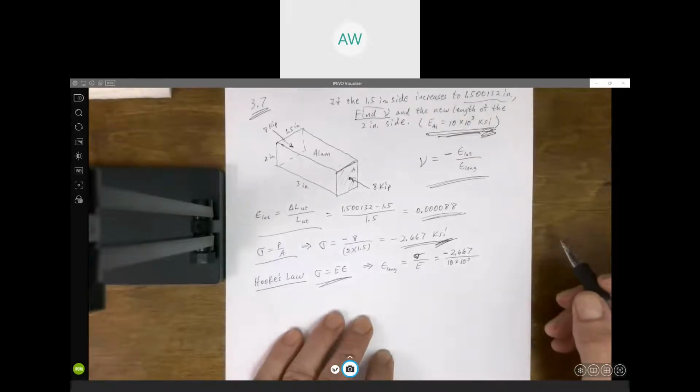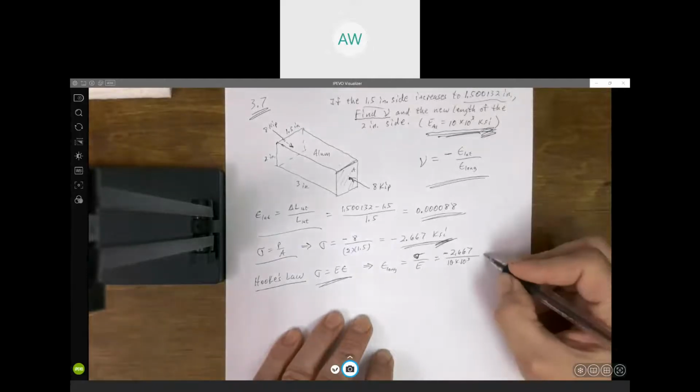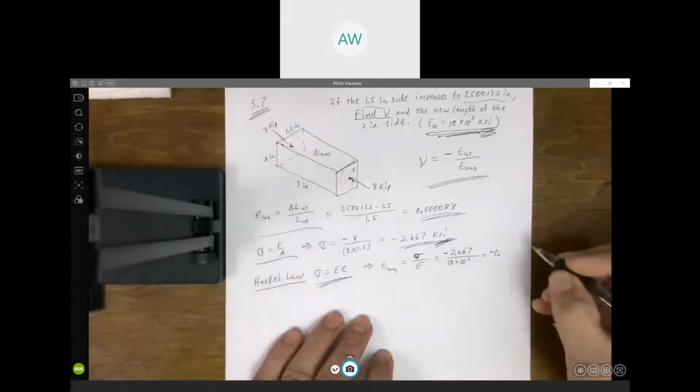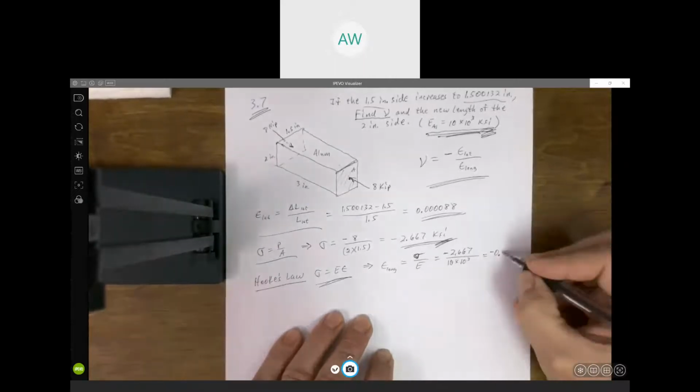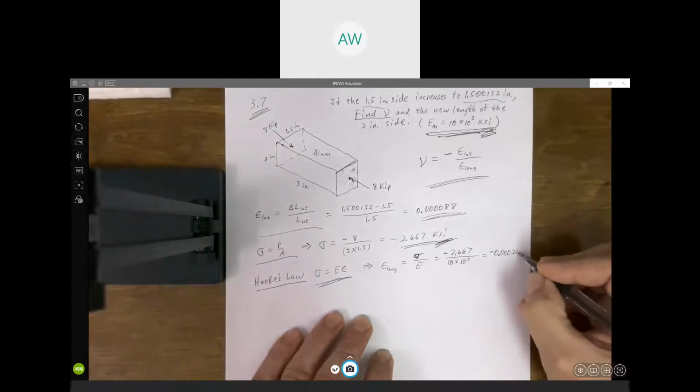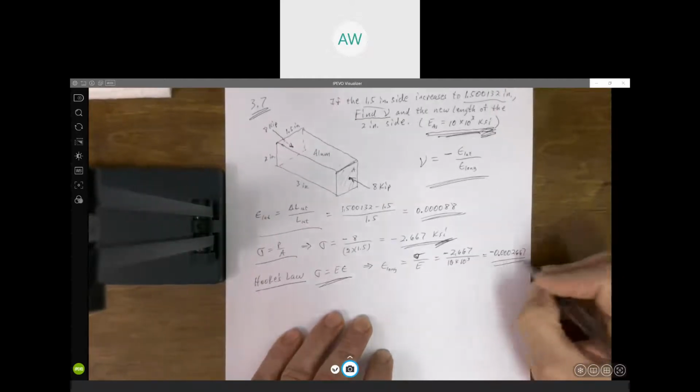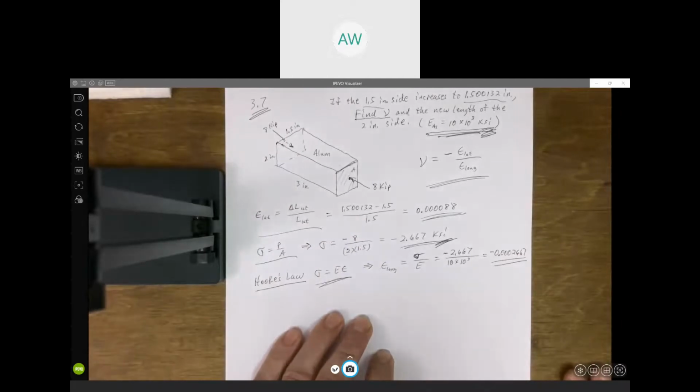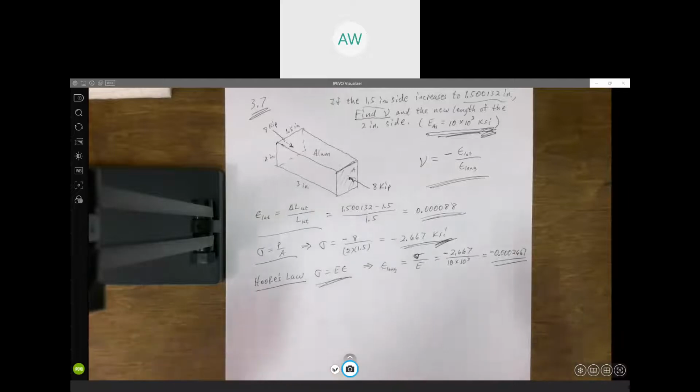I got that somewhere. Let's see. It's negative. I got 3 zeros and then 2, 6, 6, 7. Notice it's negative. It's getting shorter, right? The bar is being compressed. So my longitudinal strain is negative.